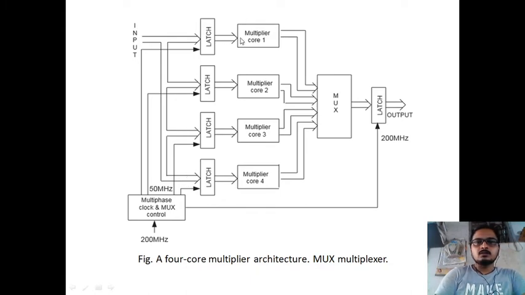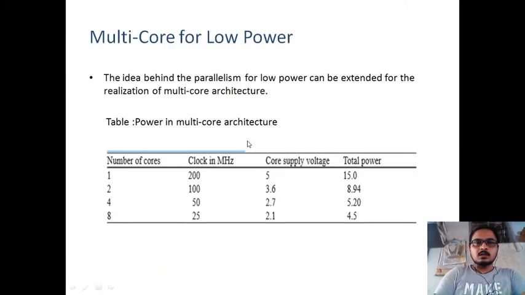Then this goes to the core multiplexers, and then to another multiplexer, and then we get the output. In this concept, we increase the throughput. Multi-core for low power increases the throughput.